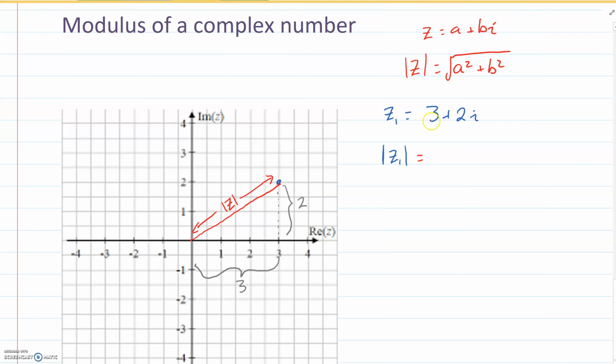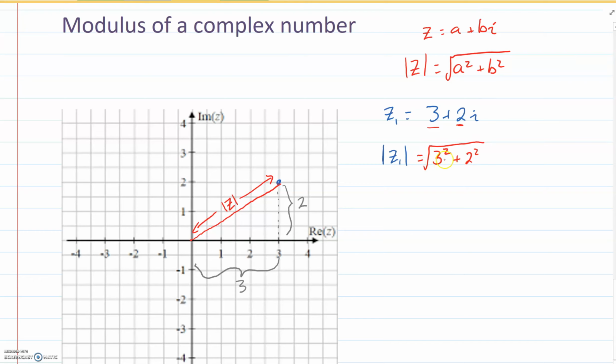Now, what's a and what's b here? It's 3 and 2. What you are doing very simply to find the modulus is you take the real part and you square it. And then you add on the imaginary part, squared. Add those two together and get the square root of your answer. That's all you have to do.